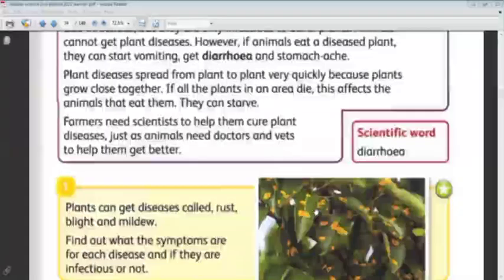Just like us and just as animals need doctors and vets to help them get better. When we feel ill, we go to the doctors. When we feel that our pet or our animal is ill, we take them to the vets. A vet is a doctor for the animal. The vets treat the animal diseases. We have scientists also who can cure the diseases for the plants.